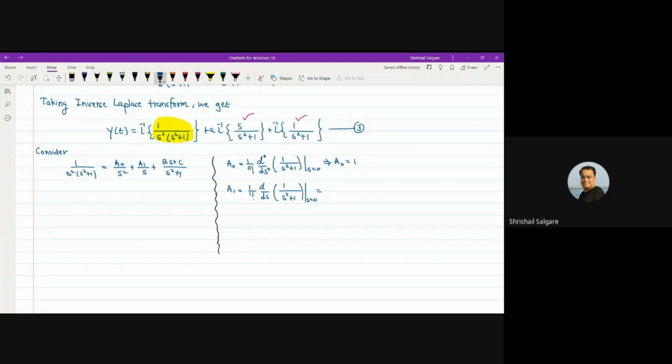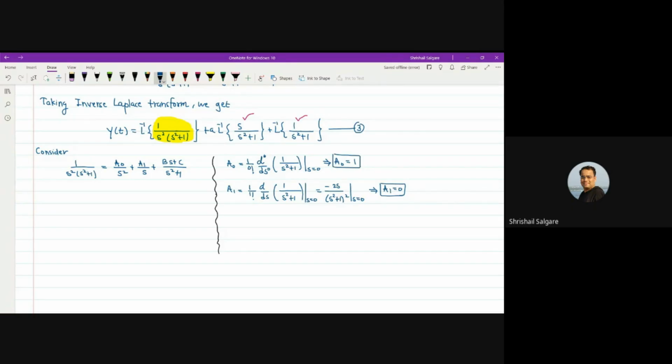Derivative of this is minus 1 upon this term squared multiplied by the derivative of s square plus 1, and the value of this at s equal to 0. So obviously a1 becomes 0. Okay, a1 becomes 0, a naught is 1.